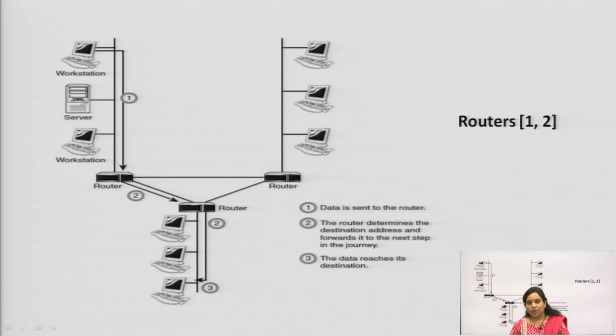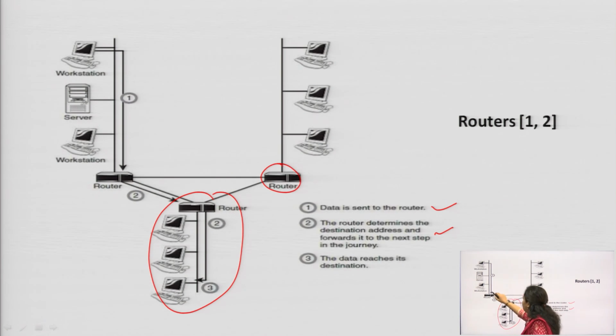Now, next is the router. You can see in this diagram that data is sent to the router. The router determines the destination address and forwards it to the next step in the journey. So, this is the workstation, this is the server workstation, and these are the routers: this is a router, then this is again a router, and this is again a router.